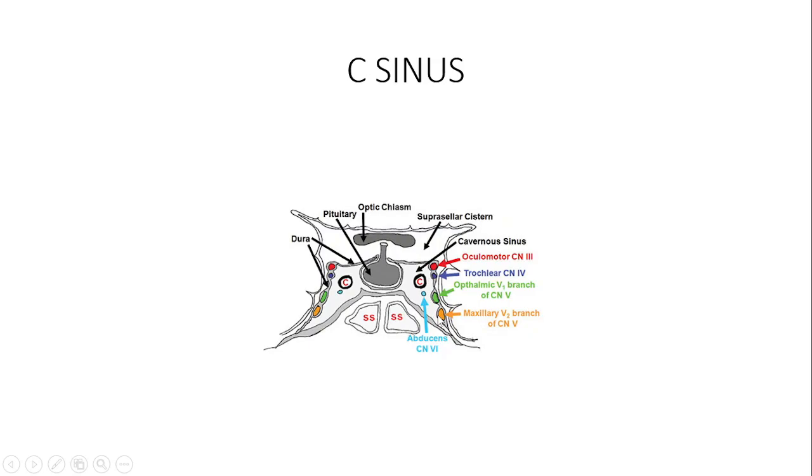But remember that the abducent nerve is found here. It is not on the lateral wall, but look at it over here. And you have the internal carotid artery, which runs the same course with the oculosympathetic fibers from the carotid plexus. There's something that you should know about this.